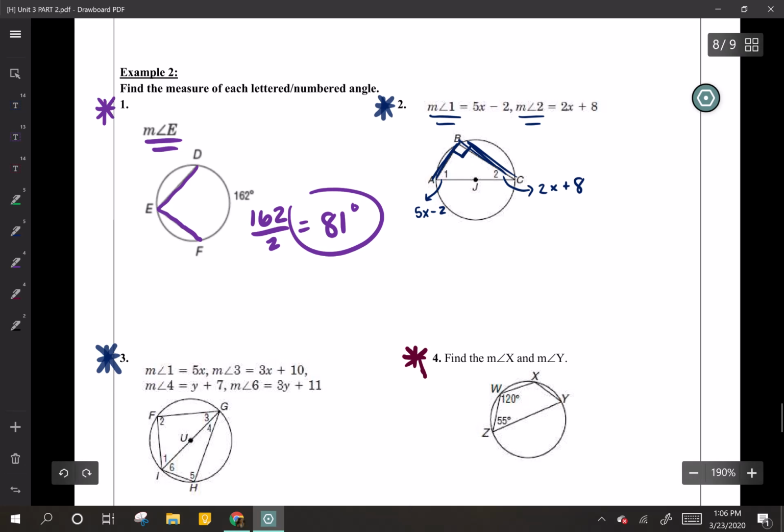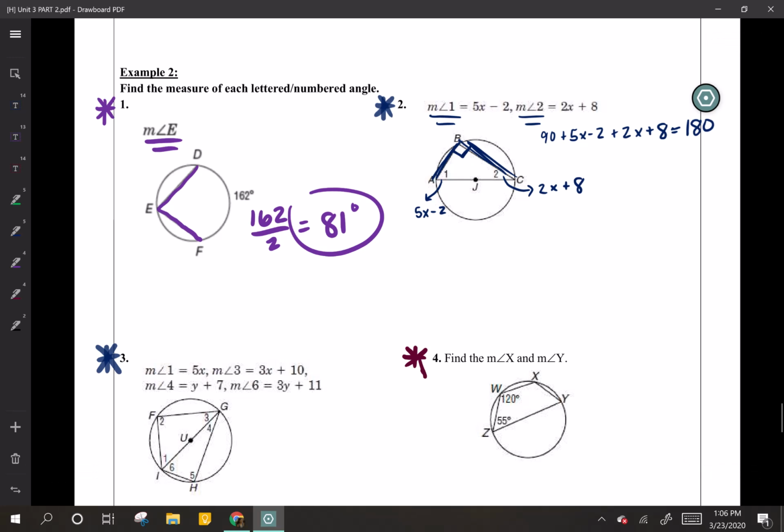I know that these are 3 angles of a triangle, so I could set up the equation 90 plus 5x minus 2 plus 2x plus 8 equals 180. That's all because these 3 angles add up together to form the angles of a triangle.